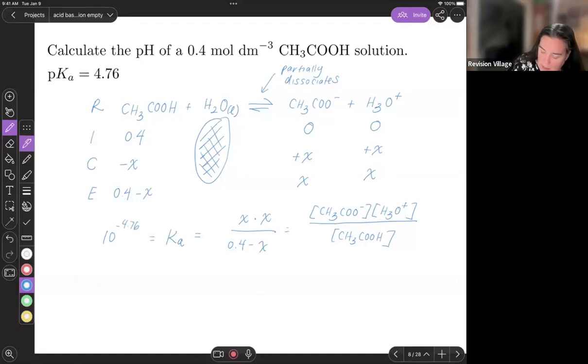Now, we make an approximation in IB chemistry. That approximation is that because this only partially dissociates and because it is a quite weak acid, the amount that dissociates compared to the initial amount of the acid is negligible.